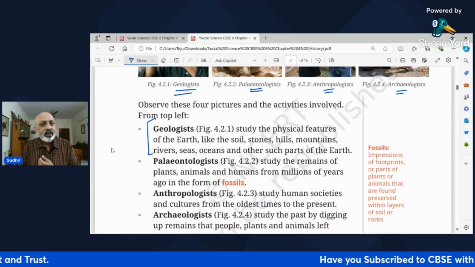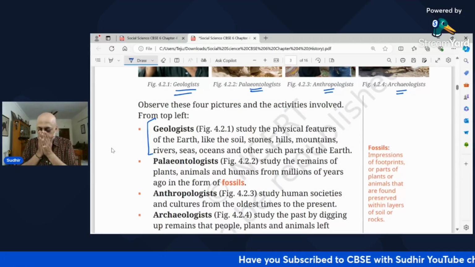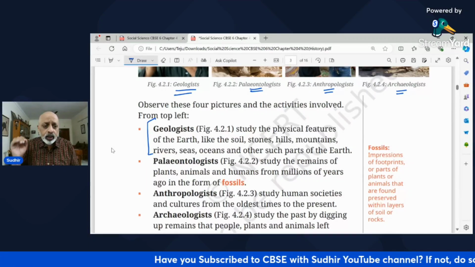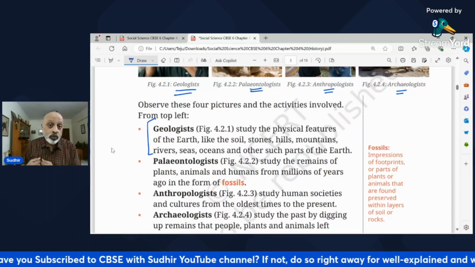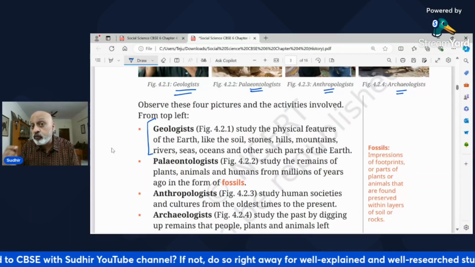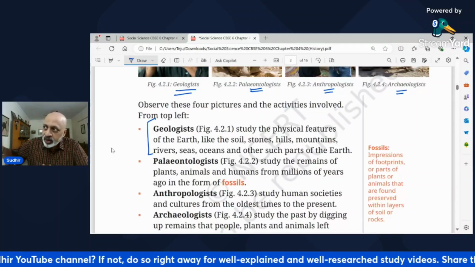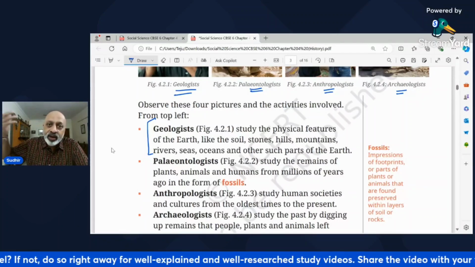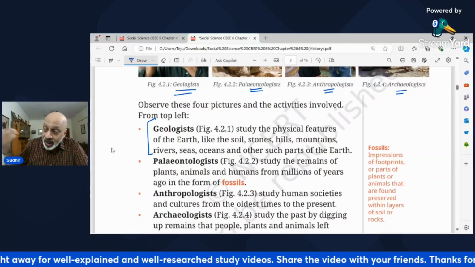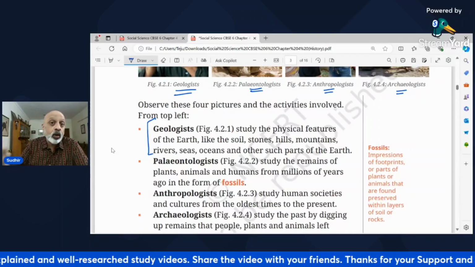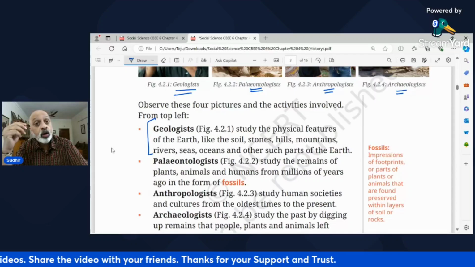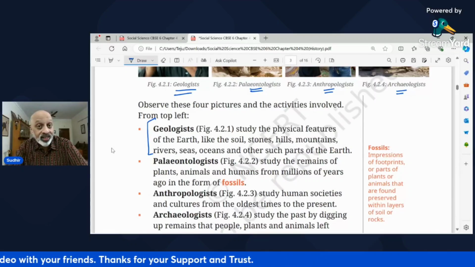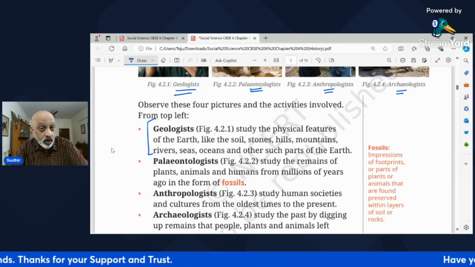The second category is paleontologists. They study the remains of plants, animals, and humans from millions of years ago in the form of fossils. That is, a plant that has fully degraded and become a fossil, or animal fossils, right? That's how we were able to know that dinosaurs at one stage walked on the surface of the earth, and that led to the movie called Jurassic Park, right?